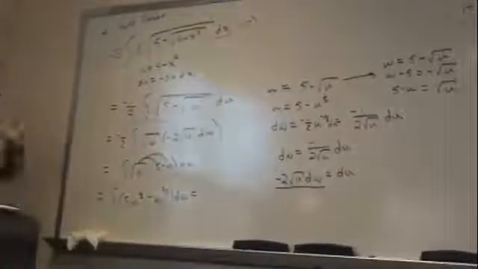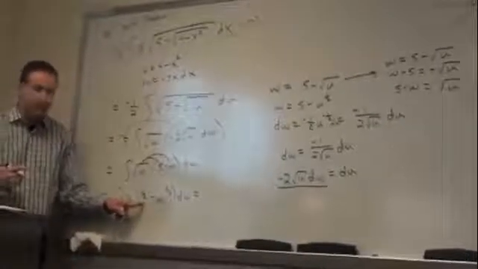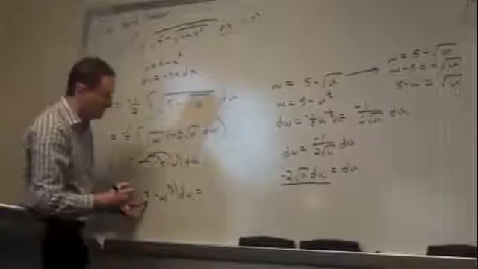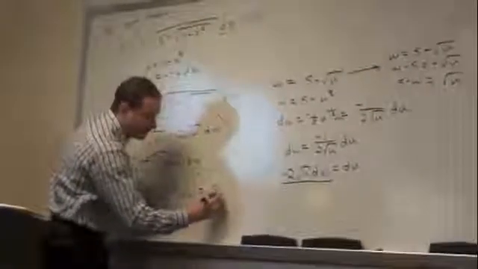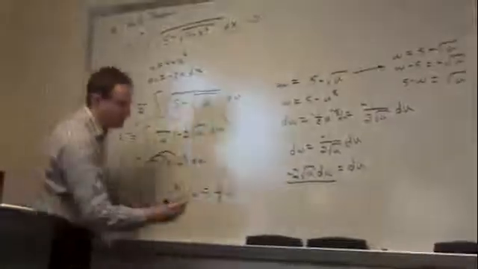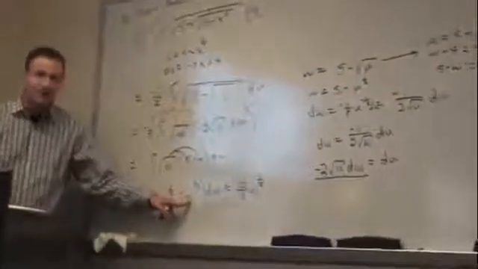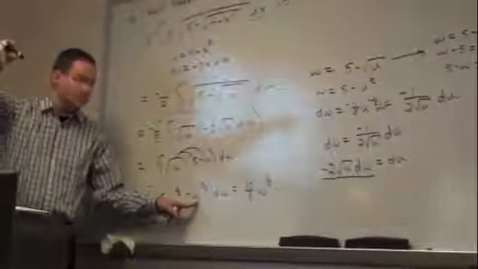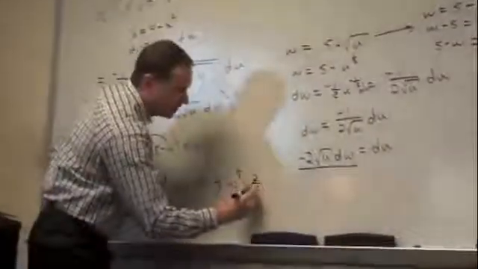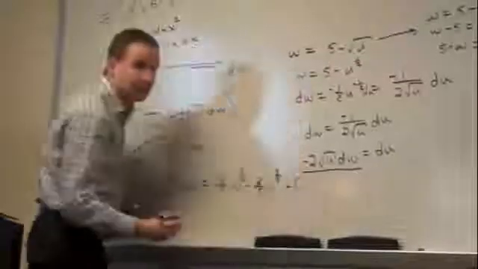Integrating the first term here, I'll get 5w to the 3 over 2 times 2/3. 5 times 2/3 is going to give me 10/3 w to the 3 over 2. When I integrate my second term, w to the 3 over 2 changes to w to the 5 over 2. Multiply the front by 2/5: minus 2/5 w to the 5 over 2 plus your constant of integration.